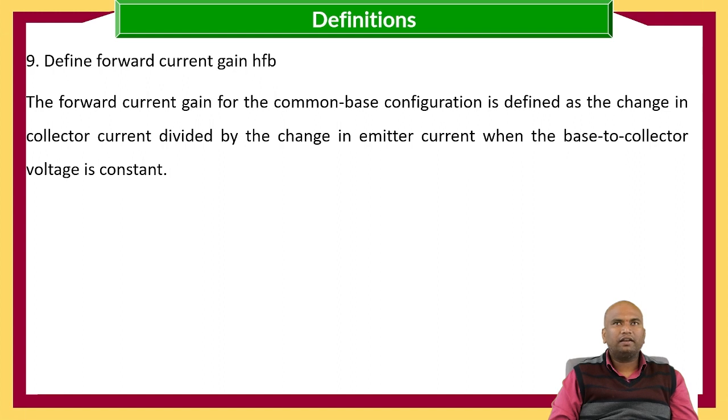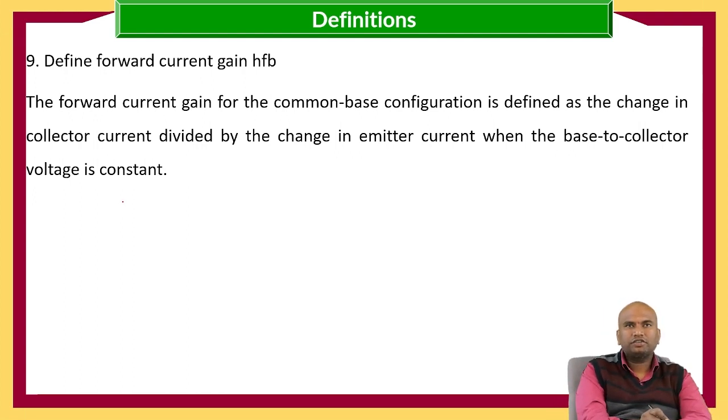Define forward current gain HFB. HFB is for the common base configuration, which is for all the H parameters. H is the H parameter symbol, F is forward, and B is the configuration which we are using.